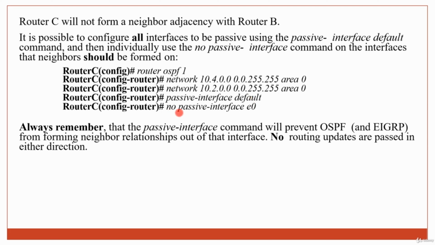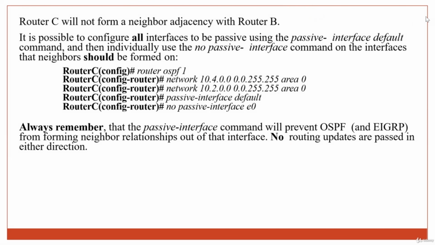Then you add the interfaces one by one where you want to send or receive updates. One important note here: the passive interface command will prevent OSPF and EIGRP from forming a neighbor relationship out of that interface. No routing updates are passed in either direction. So this is true not only for OSPF, but for EIGRP as well.